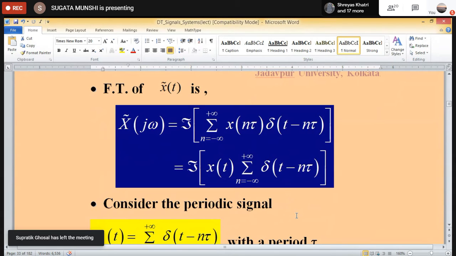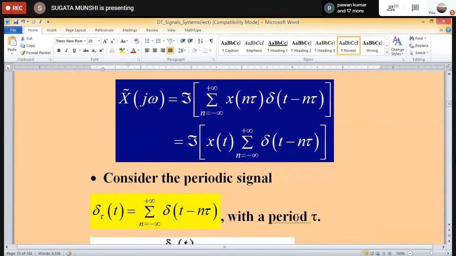What are these discrete frequencies? Fs, 2 Fs, 3 Fs, 4 Fs, 5 Fs in the positive direction, and minus Fs, minus 2 Fs, minus 3 Fs, minus 4 Fs in this way. So all possible harmonics are present with equal magnitude.